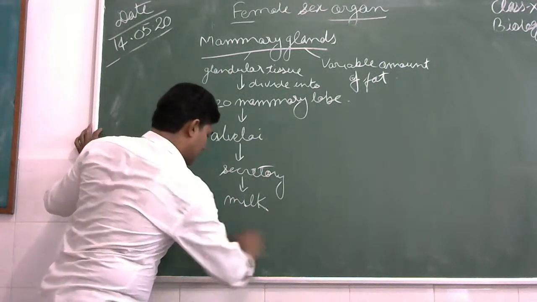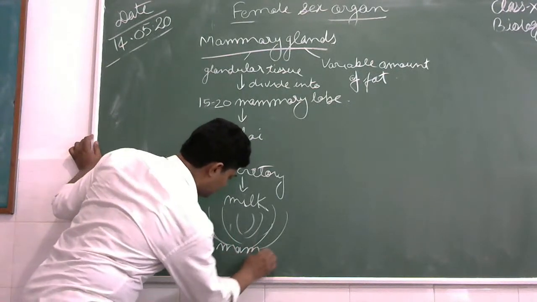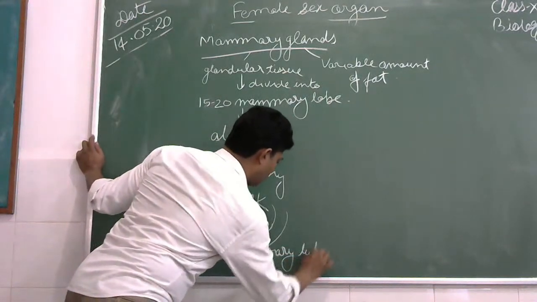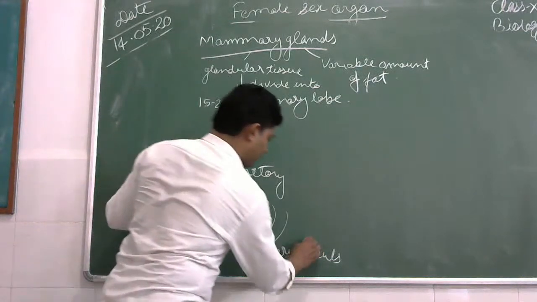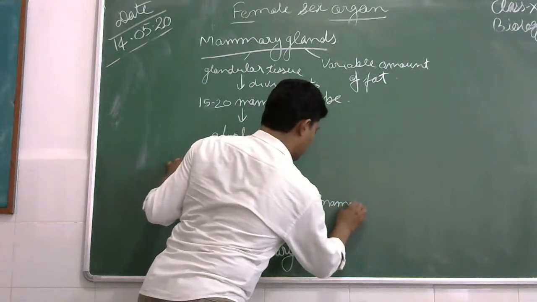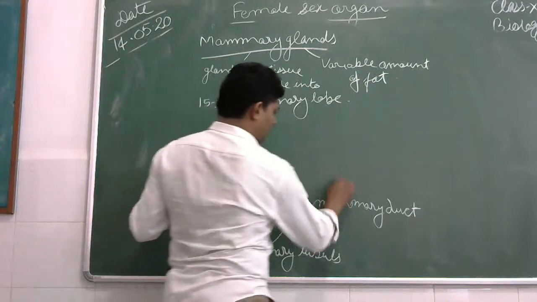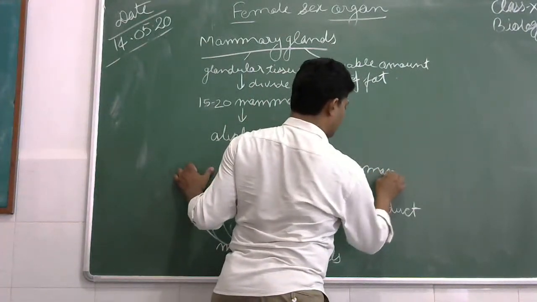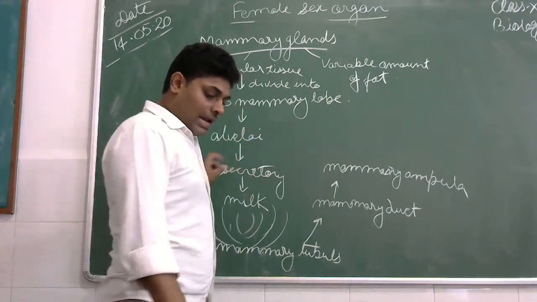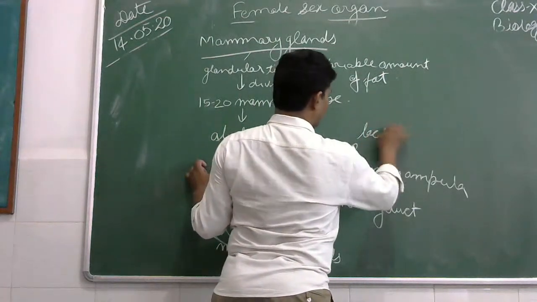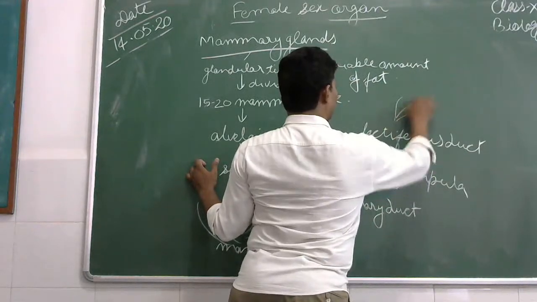This milk is collected by different tubules, termed mammary tubules, and these mammary tubules open into the mammary duct, and from the mammary duct to the mammary ampulla, and from the mammary ampulla to the lactiferous duct, and from the lactiferous duct the milk oozes out from the body.